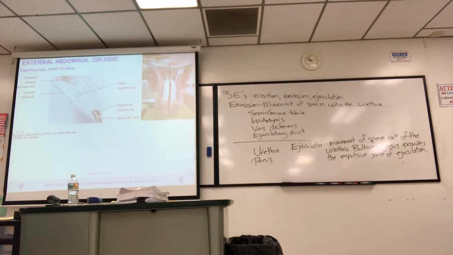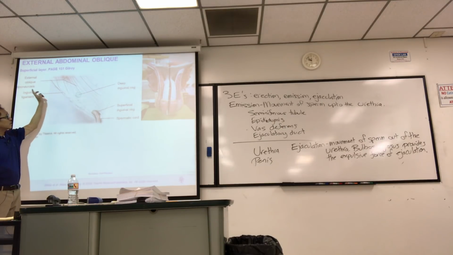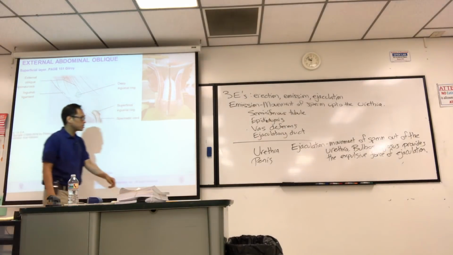And the Atlas does a good job of showing students all the muscle layers. And if you remember your anatomy, the ab wall muscles are sheets of muscle, and there are 3 layers that you have to go through. And so this one is the external abdominal oblique layer. Let's write this.